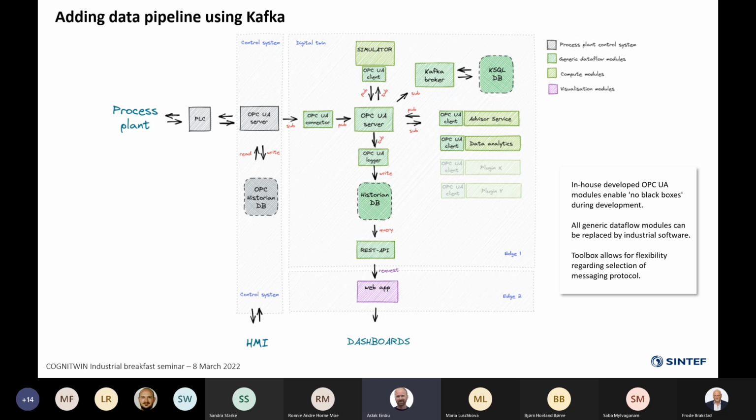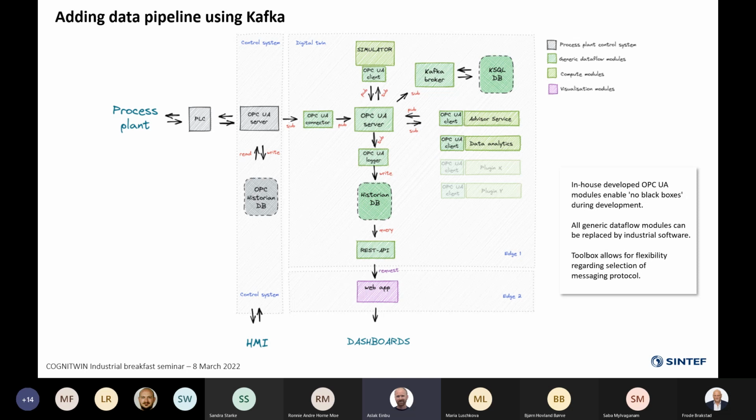Kafka is a great tool for streaming lots of data, and this could also be used for the modules. In this case, the modules are communicating with OPC UA, but we could have flexibility. The communication protocol could be MQTT or Kafka or other types. But in this case, we're also in parallel bringing data into Kafka streams.